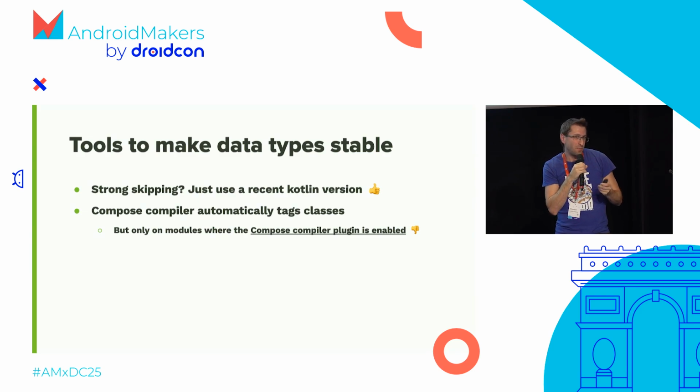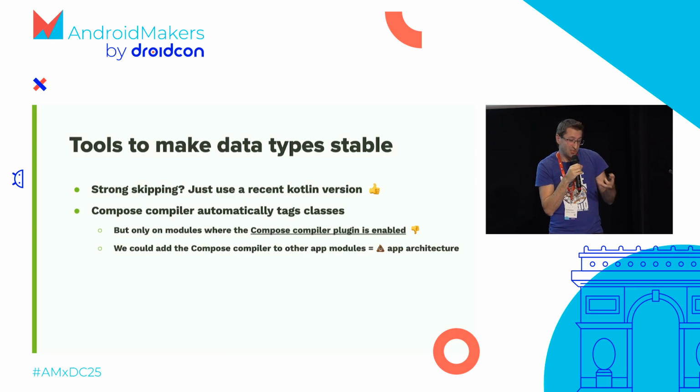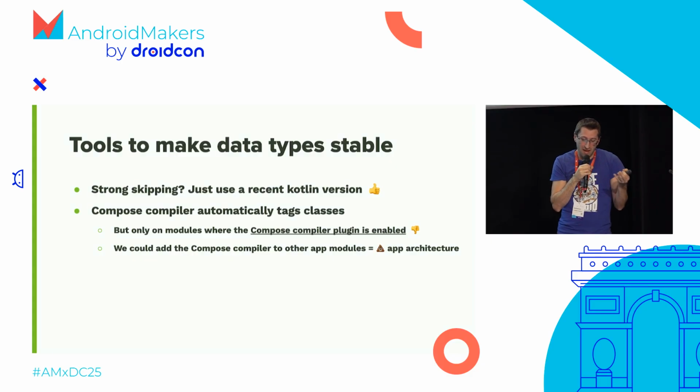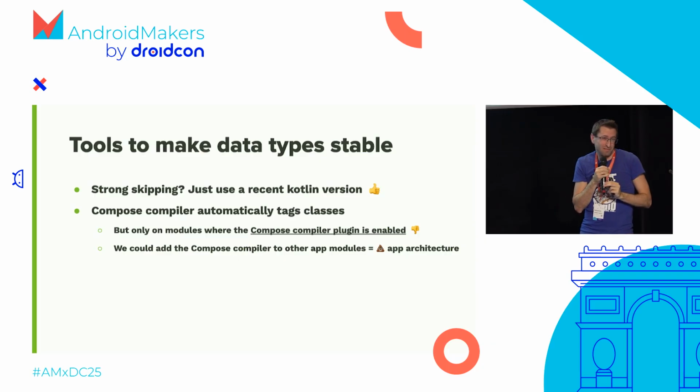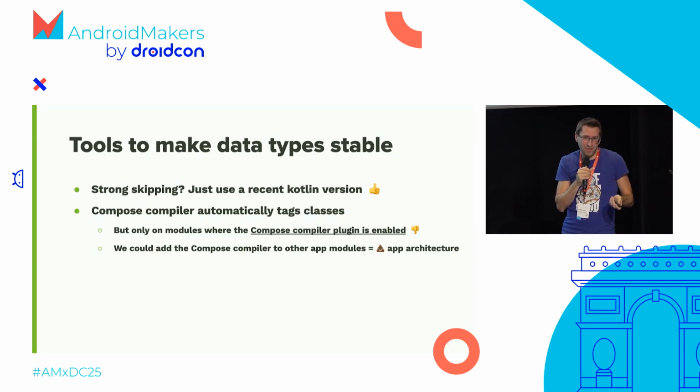Remember, I just told you we separate things in different modules for architecture. We could actually put the Compose compiler in all the app modules and all the library modules, but it's like, no separation of concerns. Why do we have UI things in library modules that have nothing to do with UI? Not such a good idea.